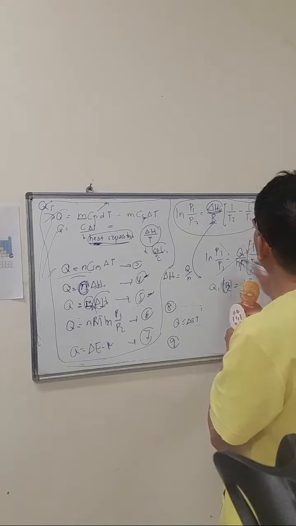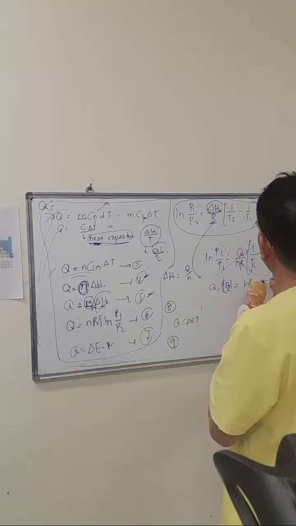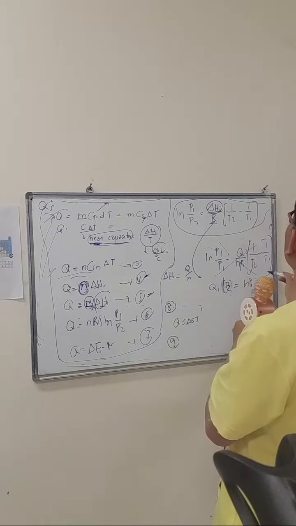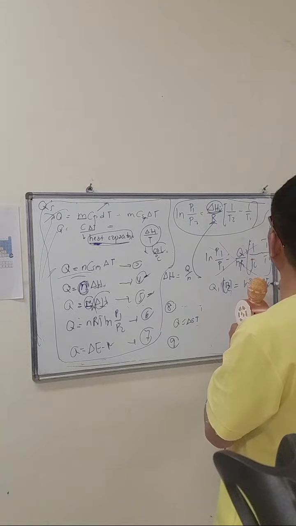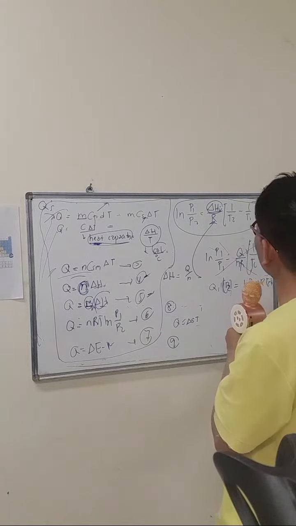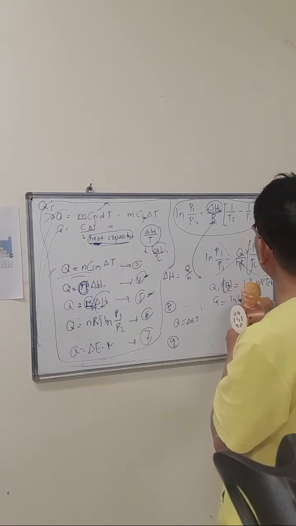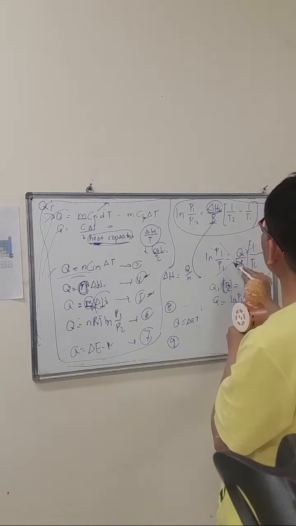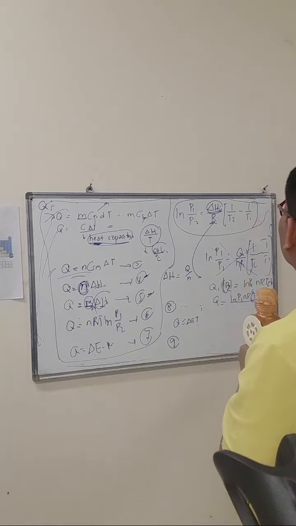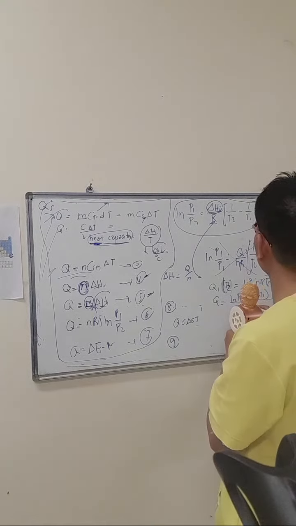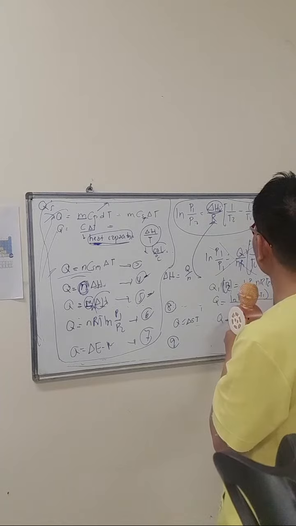And then nR, T2 minus T1, over P2. So Q is equal to Ln P1 over P2 again.